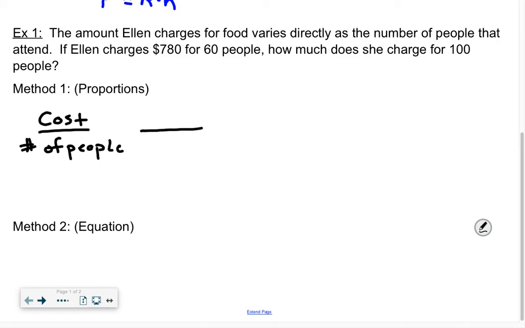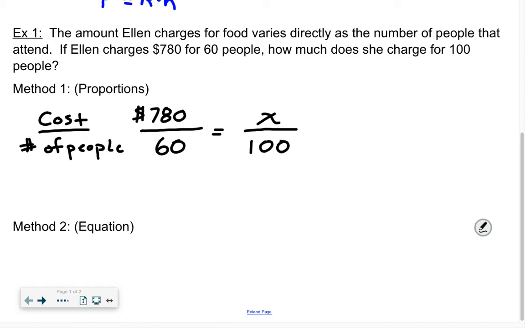So if we look at the first scenario, we started by stating that we charged $780 for 60 people. And really what we're going to do is set up scenario number two, where we want to know how much does she charge for 100 people. So we know that there is 100 people, but what we don't know is how much we charge.